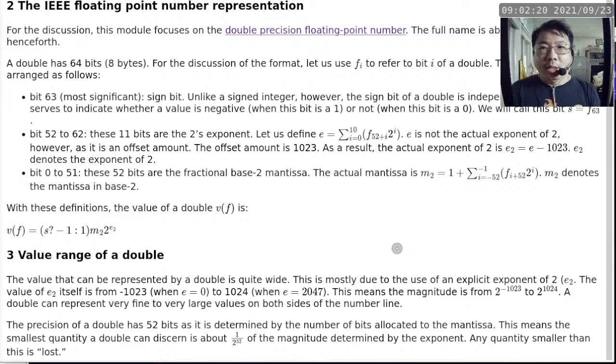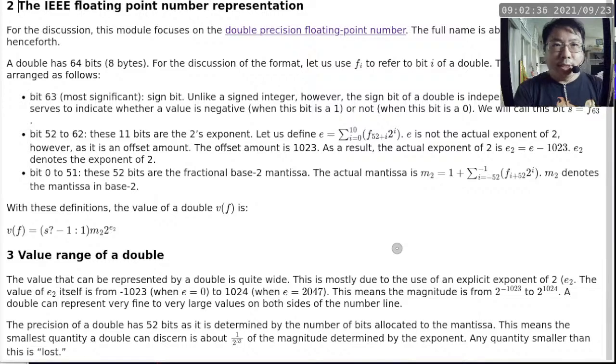Alright, before we start to talk about this, let's think about how we represent certain values, because from that discussion, this stuff here will suddenly start to make lots of sense.